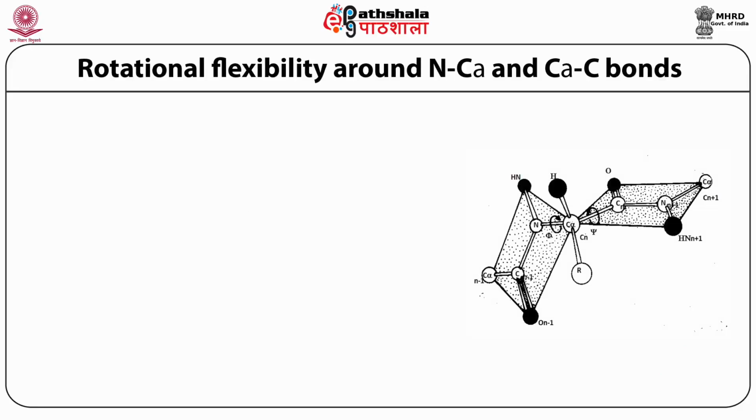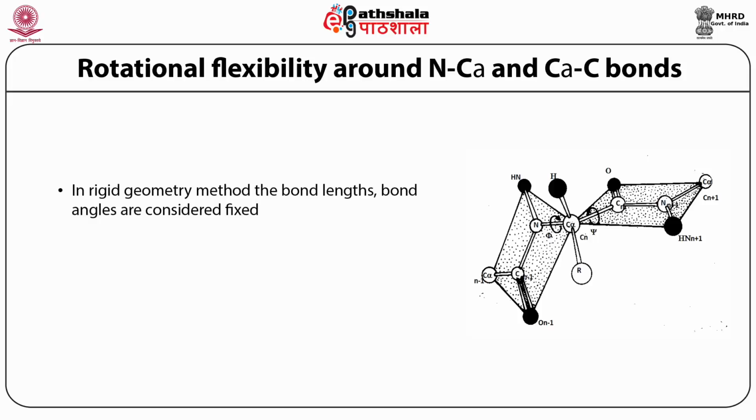Rotational flexibility around N C alpha and C alpha C bonds. In rigid geometry method, the bond lengths and bond angles shown in the previous slide are considered to be fixed.